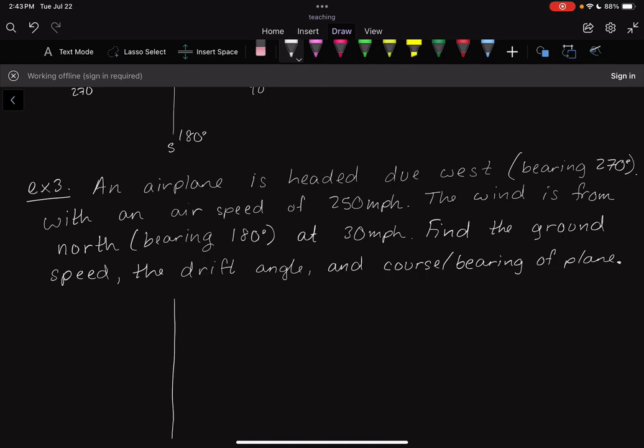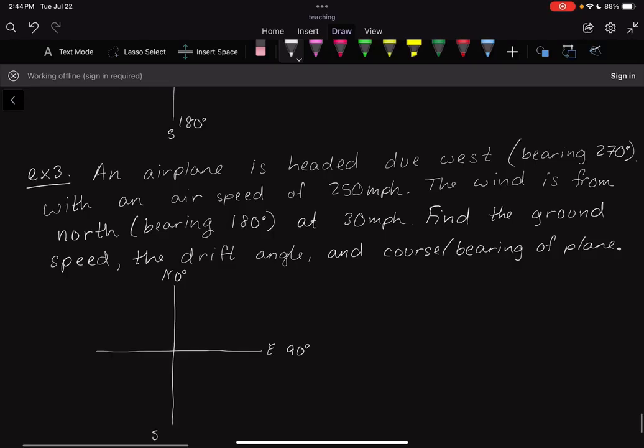So let me go ahead and draw our new coordinate plane. So I have north up here, that's 0. I have east over here, that's 90. South is 180, and west is 270.